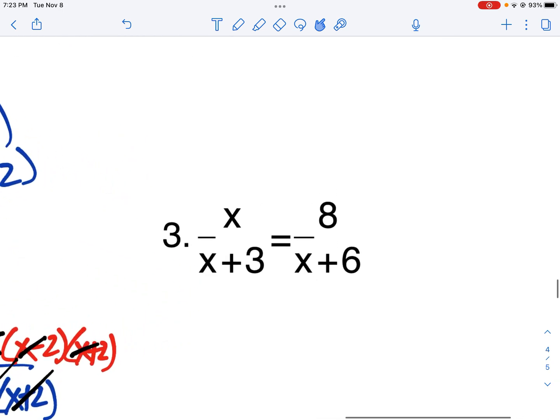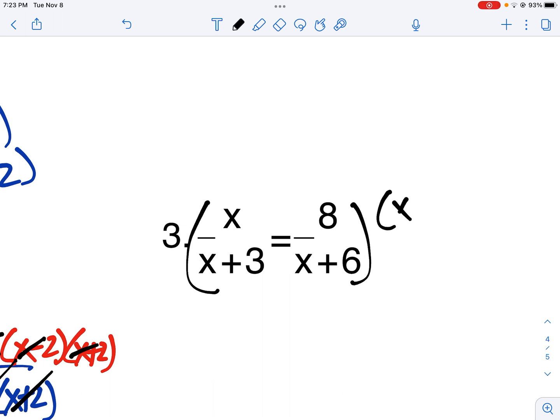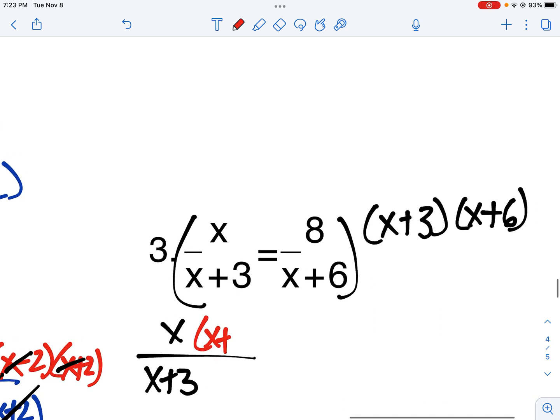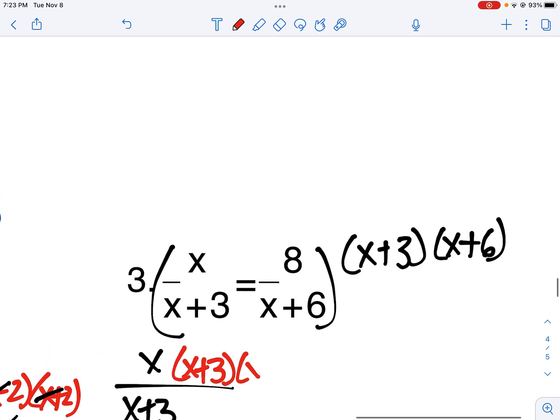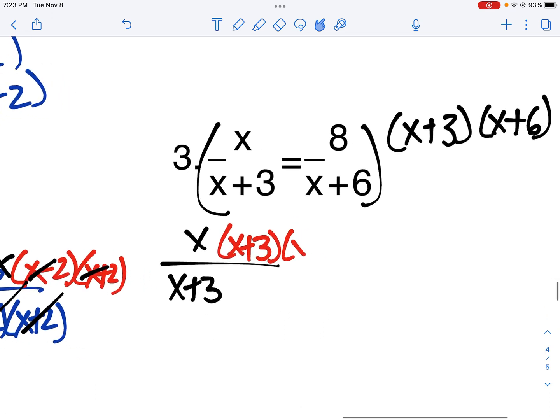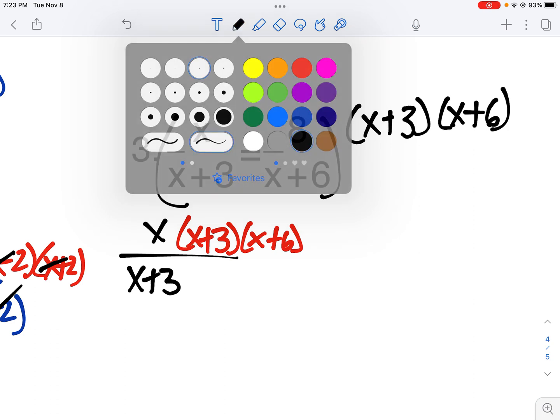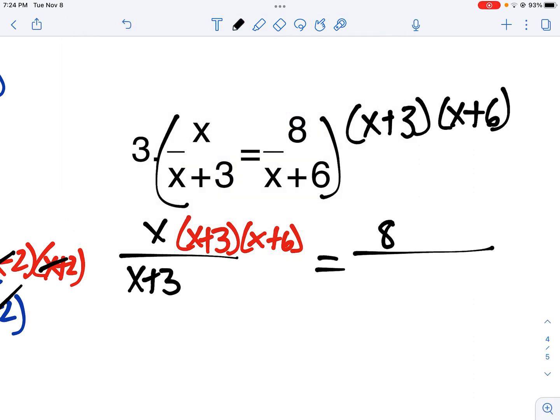All right, so this next one, well, let's see. We've got to multiply by x plus 3 and x plus 6. So if I multiply that in, x plus 3, x plus 6, equals 8 over x plus 6.